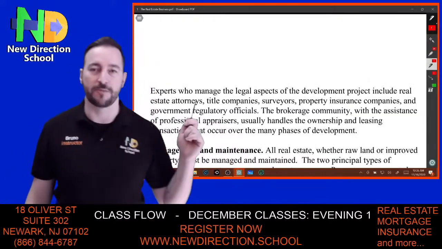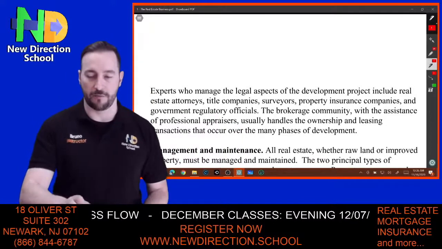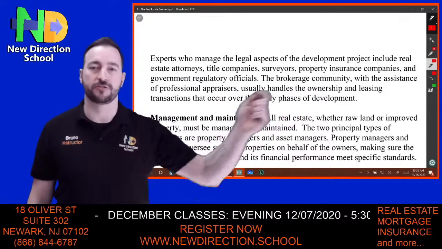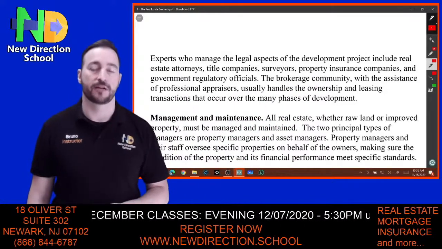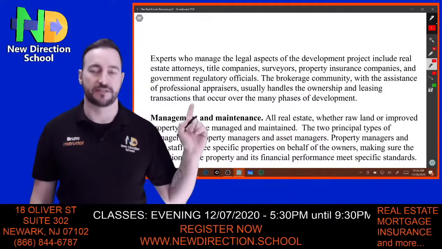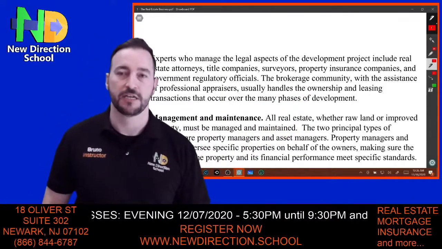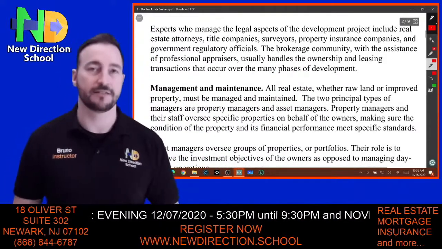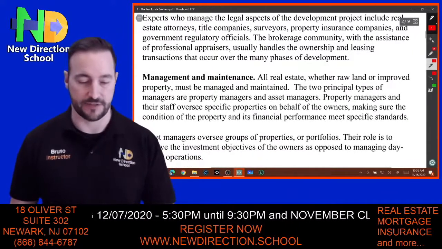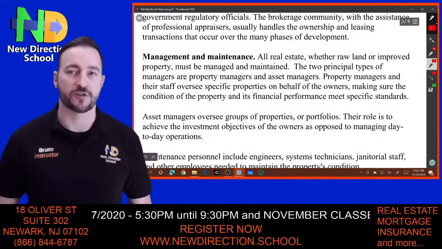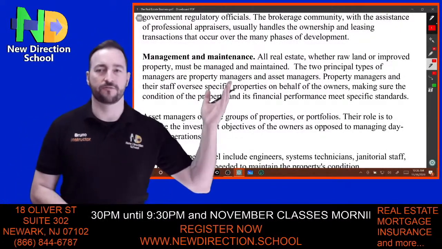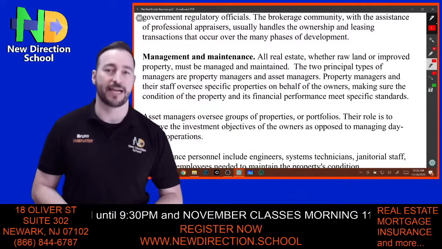Now, experts who manage the legal aspects of the development project include real estate attorneys, title companies, surveyors, property insurance companies, and government regulatory officials. The brokerage community, with the assistance of professional appraisers, usually handles the ownership and leasing transactions that occur over the many phases of the development. As far as management and maintenance, all real estate, whether raw land or improved property, must be managed and maintained.